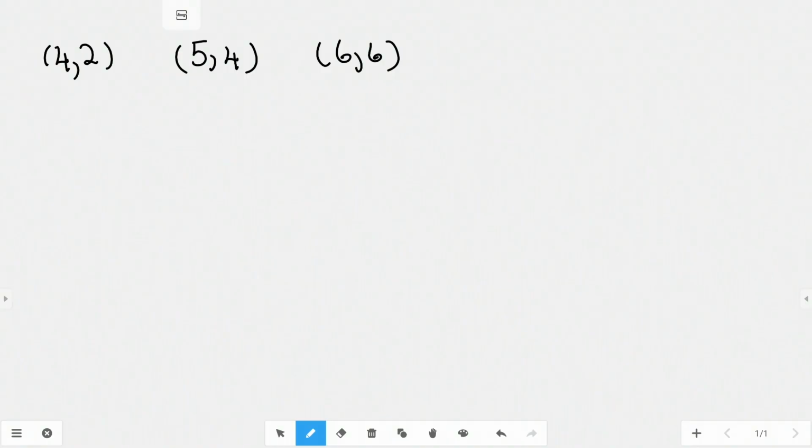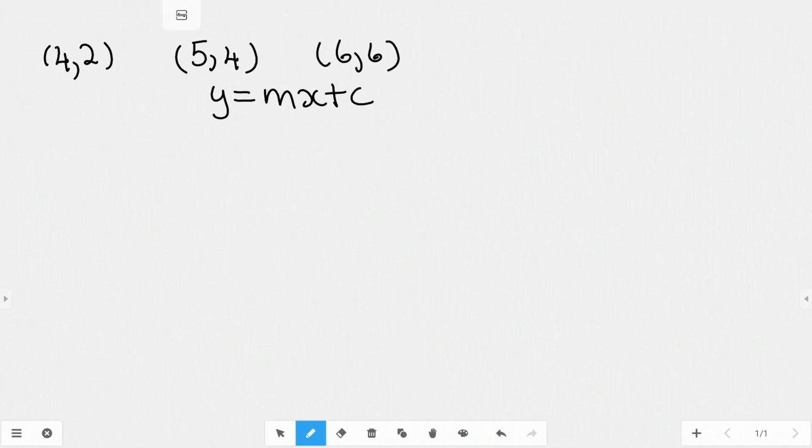Now remember, the general form for the equation of a straight line is y equals mx plus c. So all we need is the gradient of this line, the x value from one of the points, and the y value from the same point. We can find c, and then we can write the equation of this line.